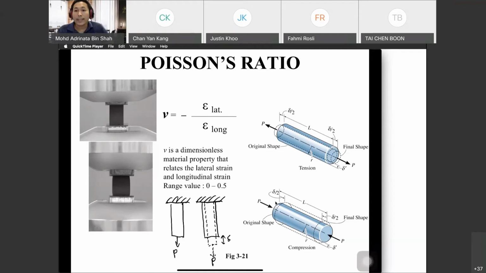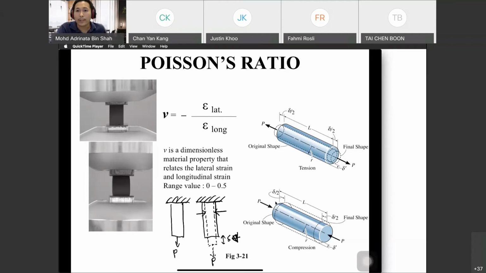Okay, the elongation of our beam, something will happen to our beam where we have the elongation. Okay, we have the elongation, and we have also the decrease in diameter. So that is where the Poisson's ratio comes from.